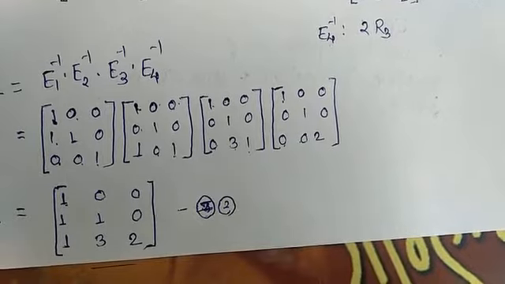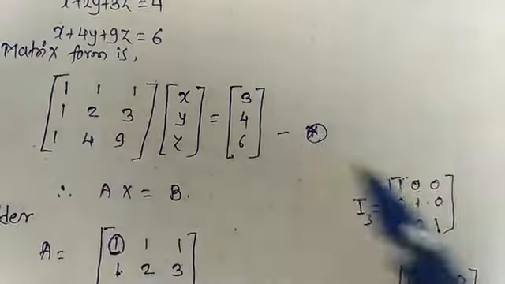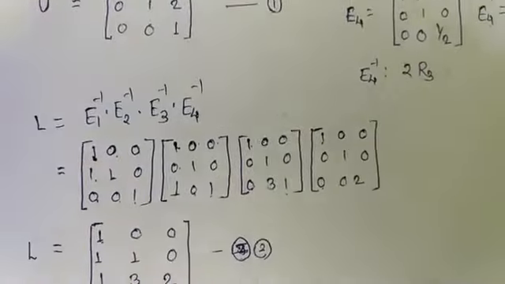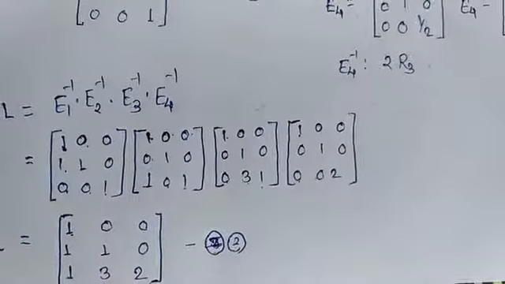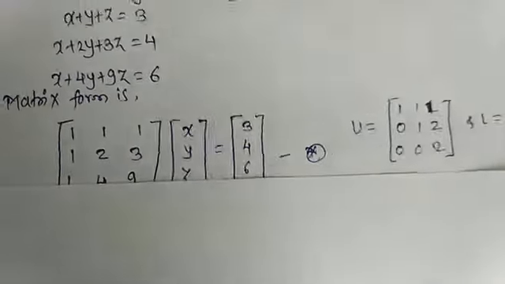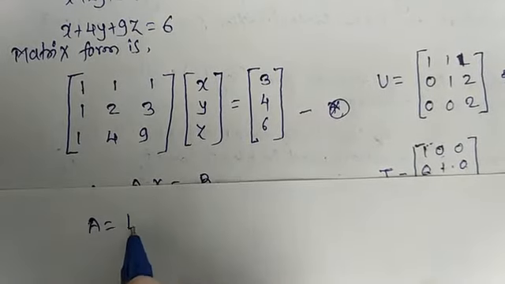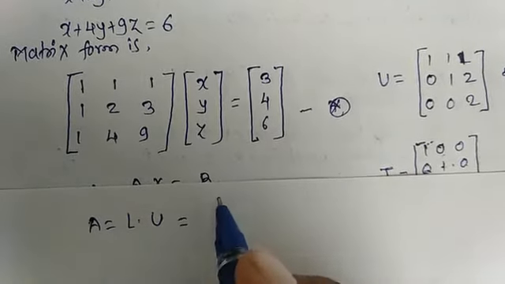Okay, and we here represent the system as equation number star. So here we have to find first U and L. Now here we get A is equal to L into U, which is equal to matrix.